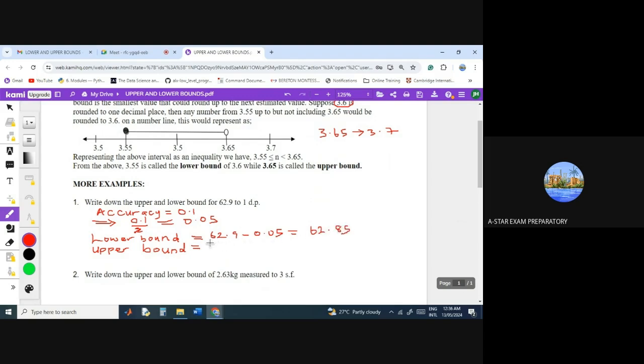Now let's take a look at the upper bound. We simply add 62.9 plus 0.05, and that will give us 62.95.